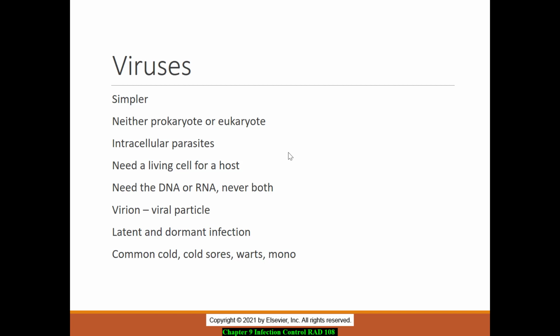So you need to have either DNA or RNA, never both. The capsid may be covered with a lipoprotein envelope that involves spikes on the edges. Those enveloped viruses are seen in common colds, the flu, cold sores, warts, and even cases of mono.